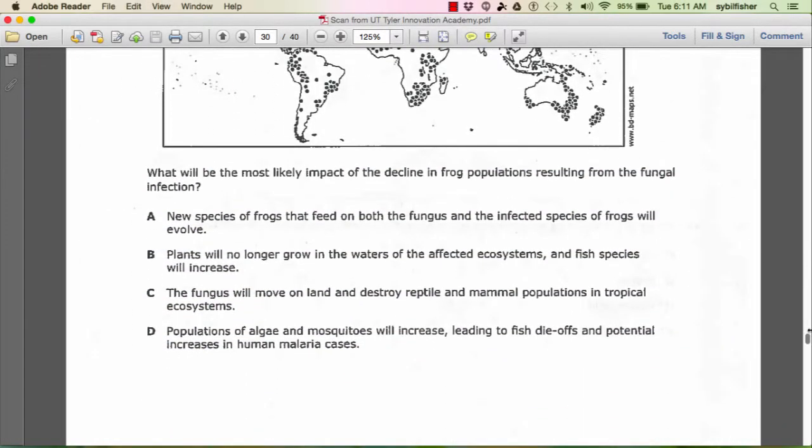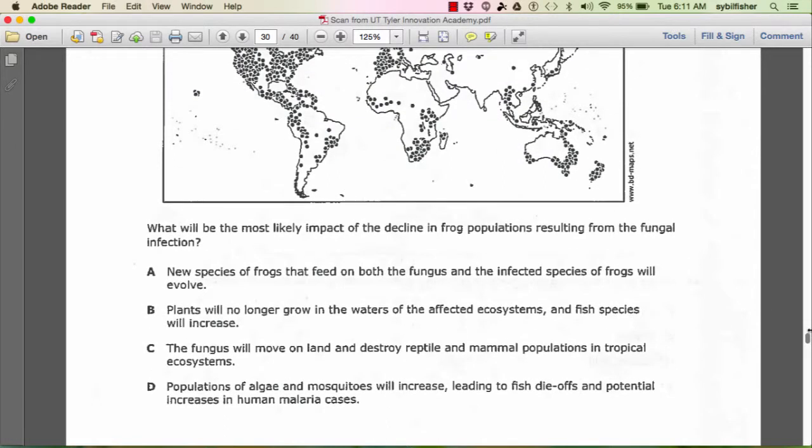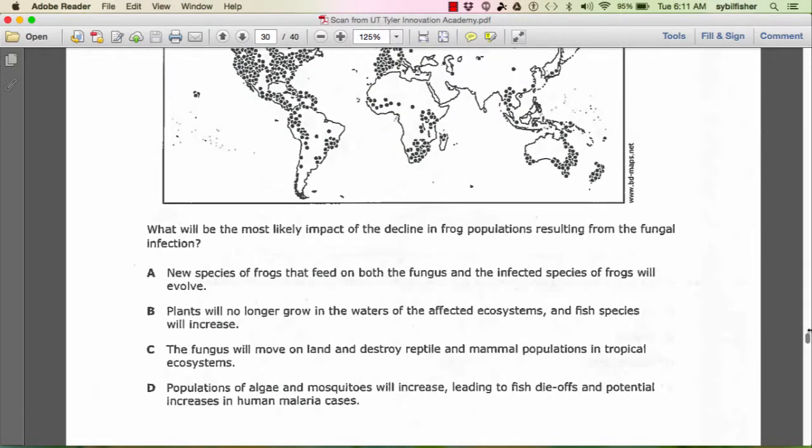What will be the most likely impact of the decline in frog populations resulting from the fungal infection? A. New species of frogs that feed on both the fungus and the infected species of frog will evolve. B. Plants will no longer grow in the waters of the affected ecosystems, and fish species will increase.